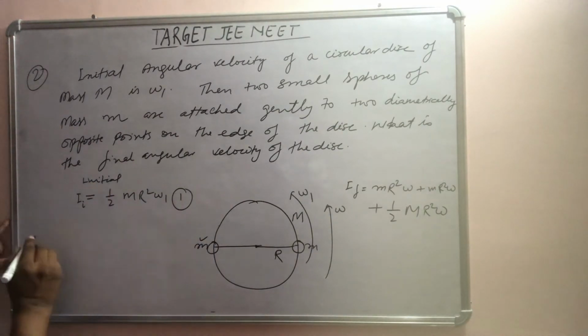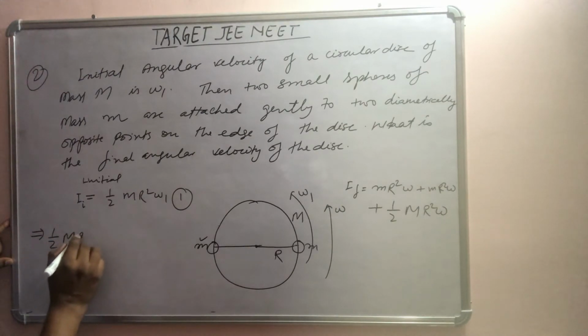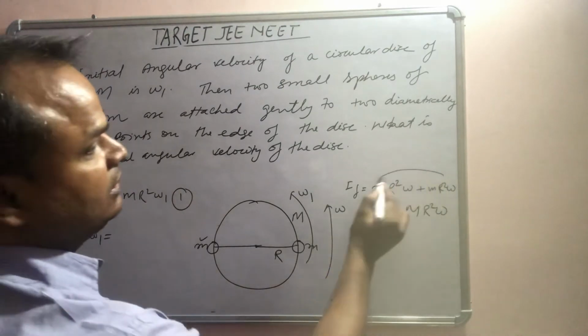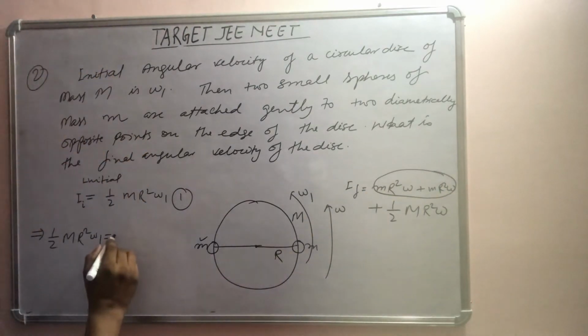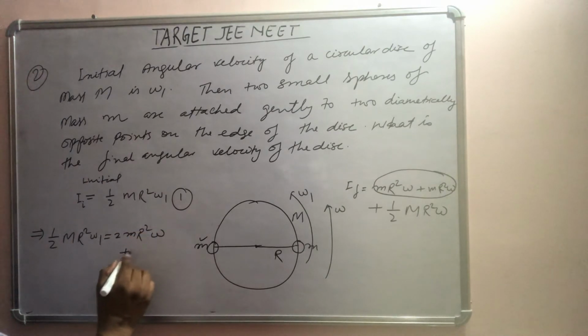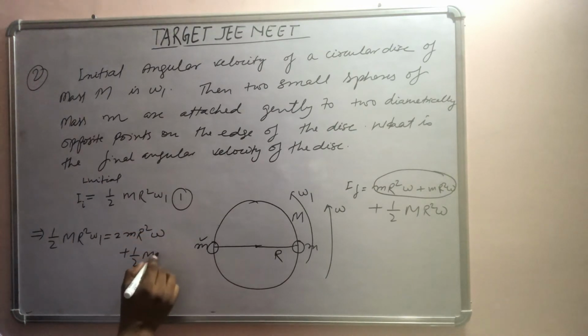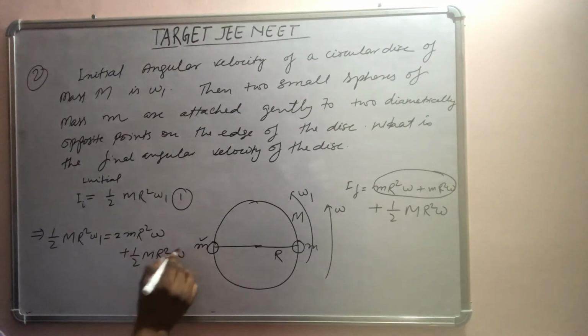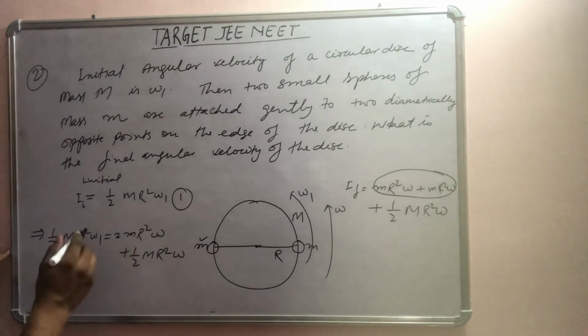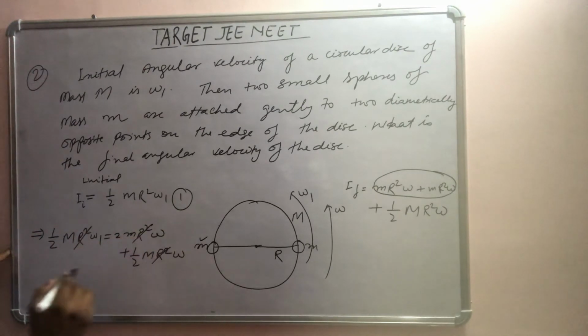Just we have to equate this. So this becomes half capital M r square omega 1 is equal to, we can combine this, this becomes 2 small m capital R square omega plus 1 by 2 capital M r square omega. Now from here we can say that r square is the same thing.